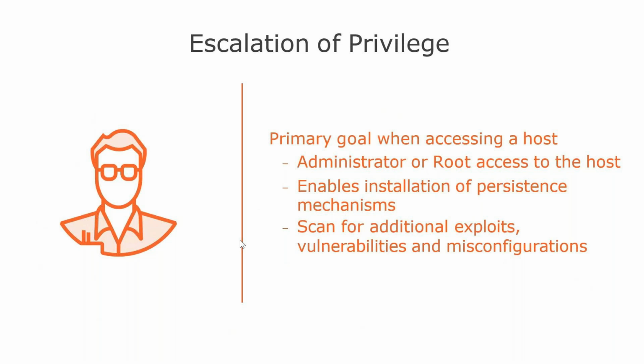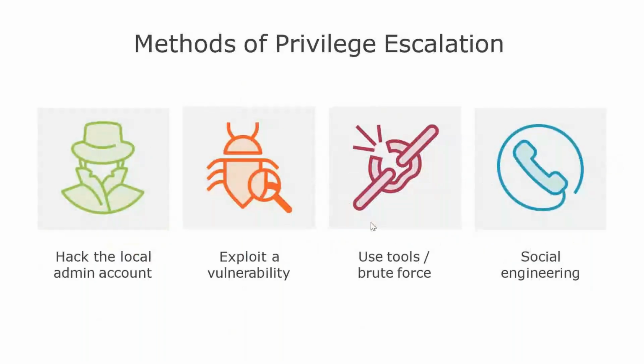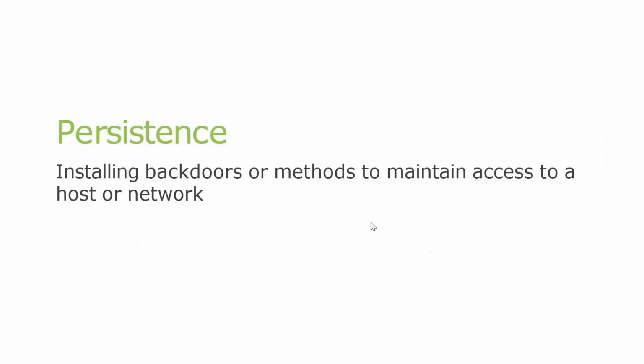Escalation of privileges means having information about the primary goal of accessing a host, administrator or root access to the host, enabling installation of persistence mechanisms, and scanning for additional exploits, vulnerabilities, and misconfigurations. Methods for privilege escalation which penetration testers can use: hack the local admin account, exploit the vulnerabilities, and use tools for brute force and social engineering.